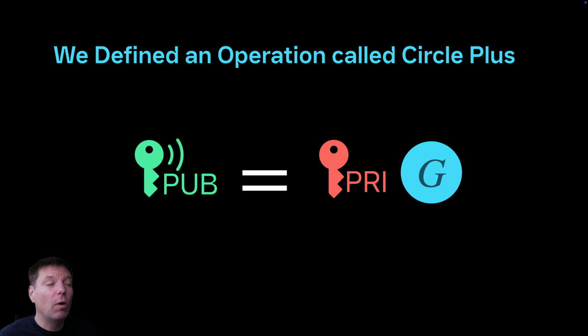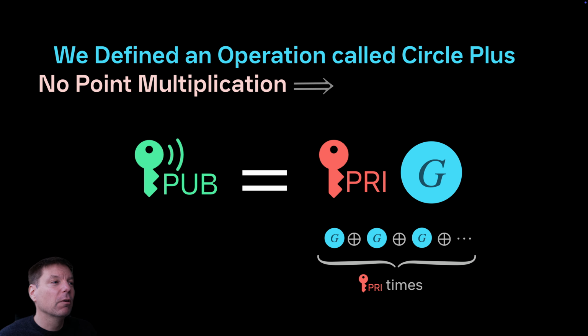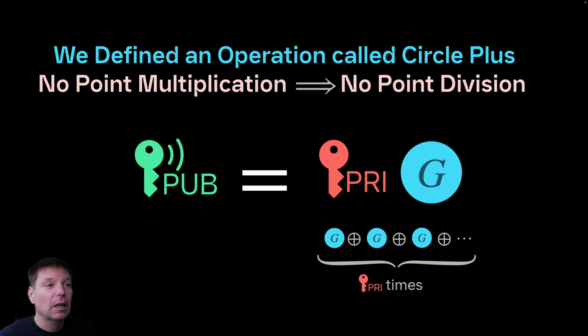And it took us a while to define our operation, circle plus, which allowed us to take a point and add it to itself, private key number of times. And what we don't have here is an operation of multiplication, which implies we don't have an operation of division. So there's no way for us to easily recover that private key.